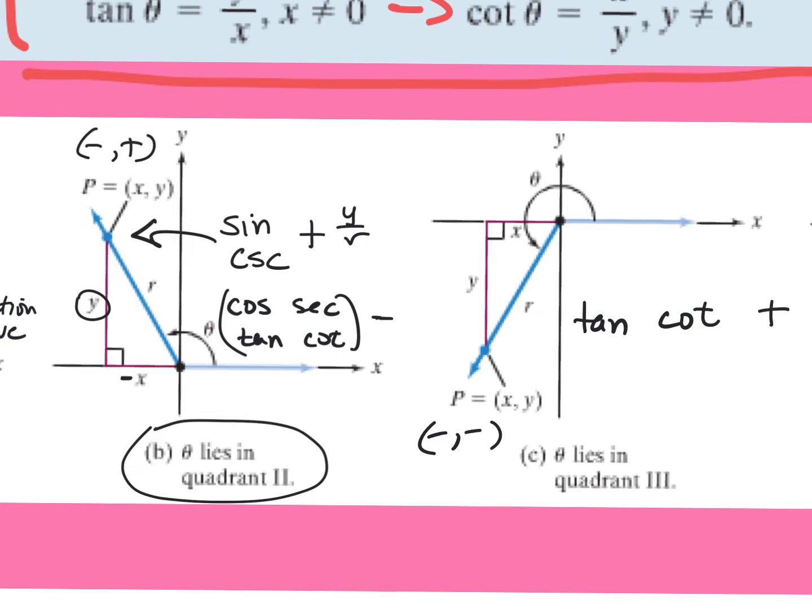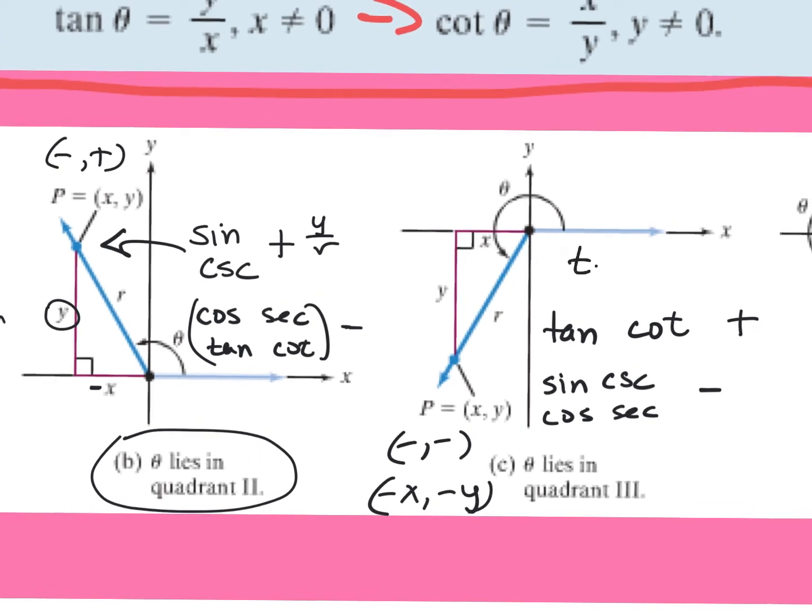The other 4, the sine and its reciprocal, the cosine and its reciprocal, are all going to be negative. Because if you think about it, in quadrant 3 it's a negative x, negative y. And remember, tangent, you're memorizing it as y over x. But if you put a negative over a negative, it simplifies to a positive. So that's why tangent and cotangent are positive in quadrant 3.